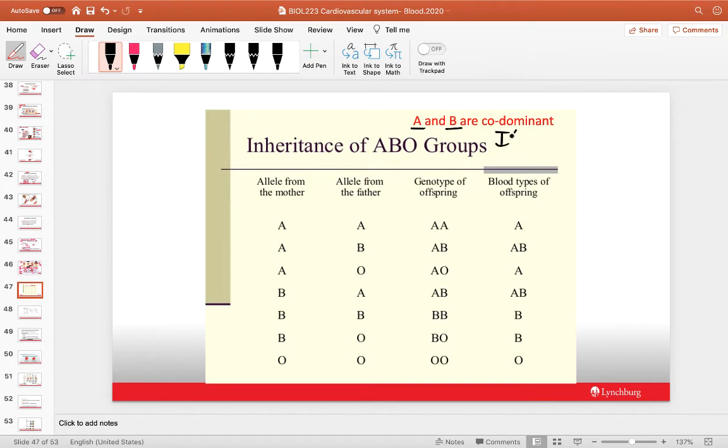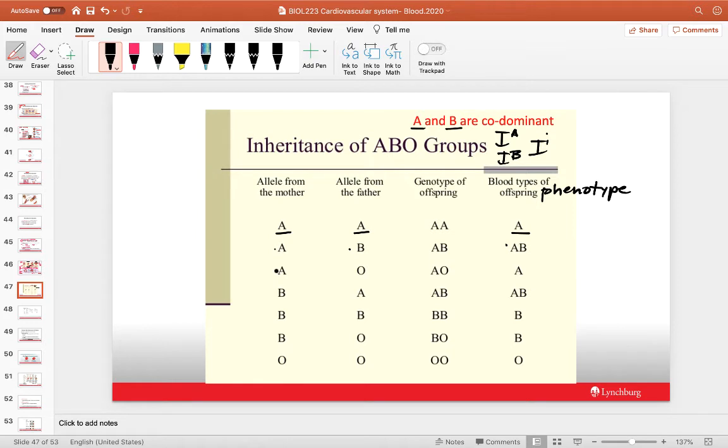If we had an A allele from the mother and an A allele from the father, the genotype is going to be AA. The blood type of the offspring, or the phenotype, the physical manifestation of the genotype, is going to be type A. In this case, we've got A and B, and since they're codominant, they're both going to be expressed.